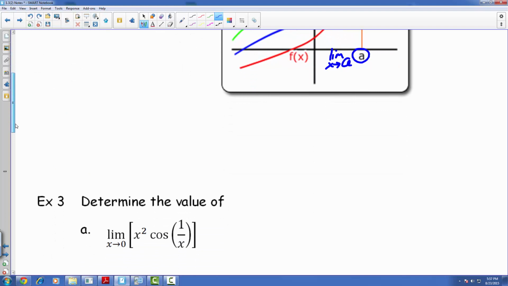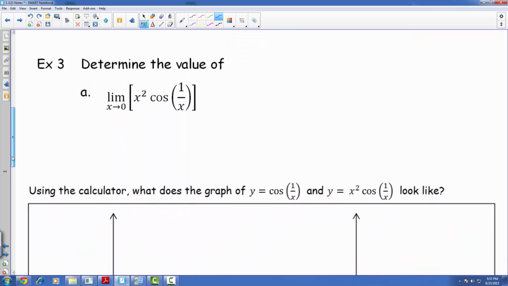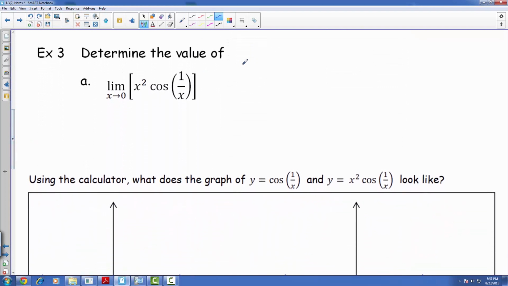Now, just looking at example 3 and knowing the squeeze theorem, we see that we have the limit as x approaches 0 of this particular function. Because these two functions are being multiplied together, let's apply our limit product property and apply that limit to both items.